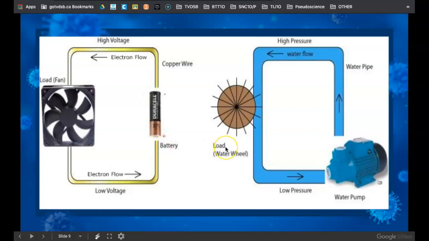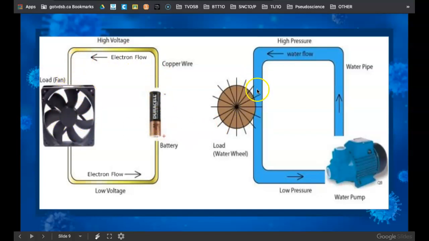Right? Now, you can kind of think of it as like a water pump and pipes and a water wheel. Right? So this water pump is going to give this water, as it goes up, energy. And when it comes down through the water wheel, it can turn the wheel, right? Just like the electrons over here can turn the fan.